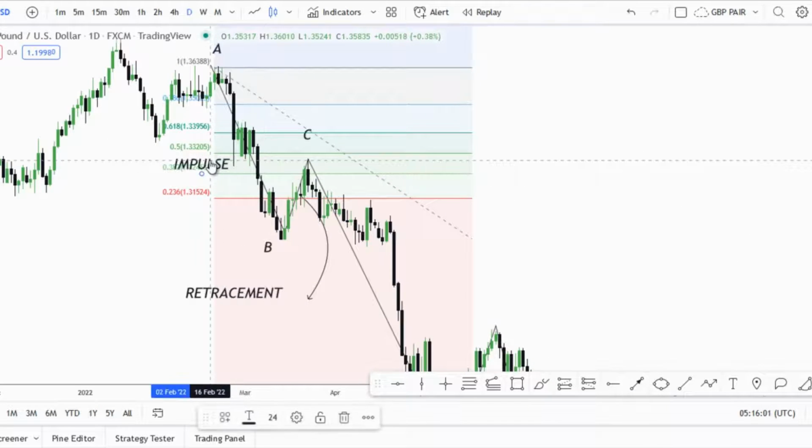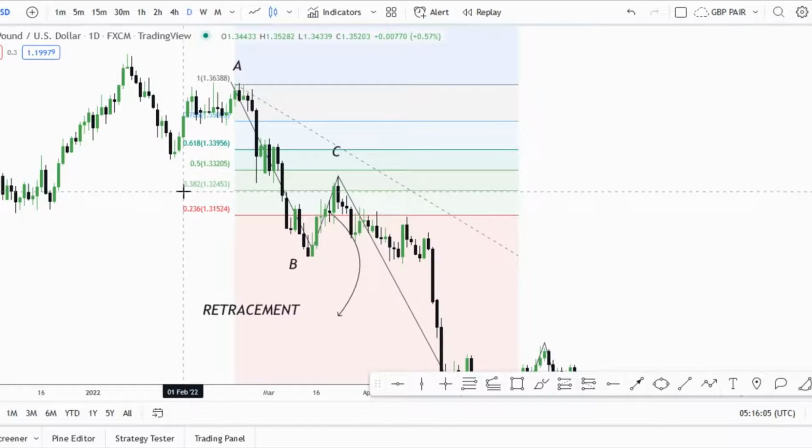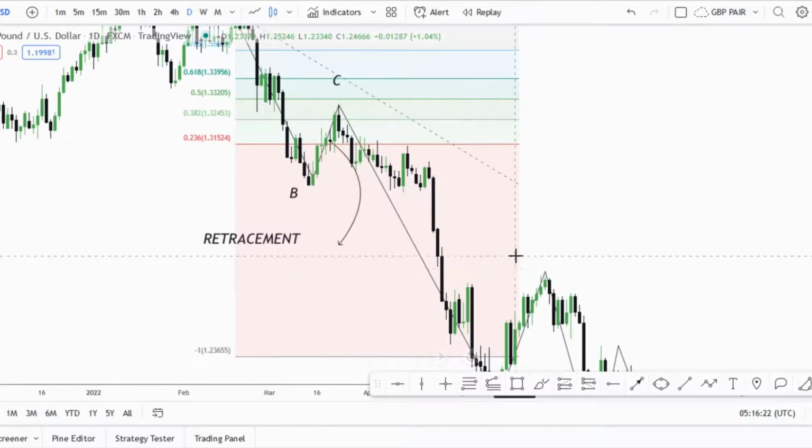Let me take out this annotation, impulse. If you look closely, you see 0.382. You can see price came after the impulse, and after the impulse, price retraced back to this level before an extension, before going downwards.